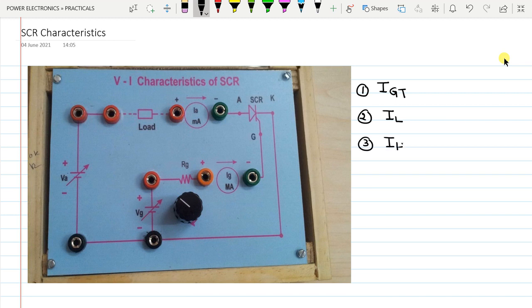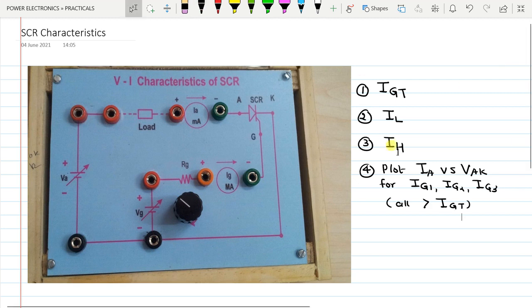Third is the holding current IH. And fourth is to plot IA versus VAK for different constant values of gate current Ig1, Ig2, Ig3, all greater than IGT.